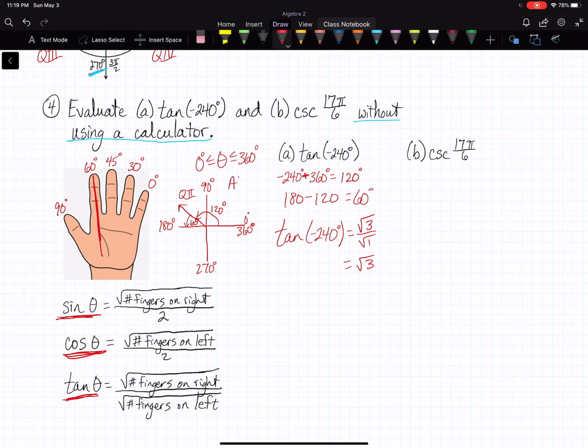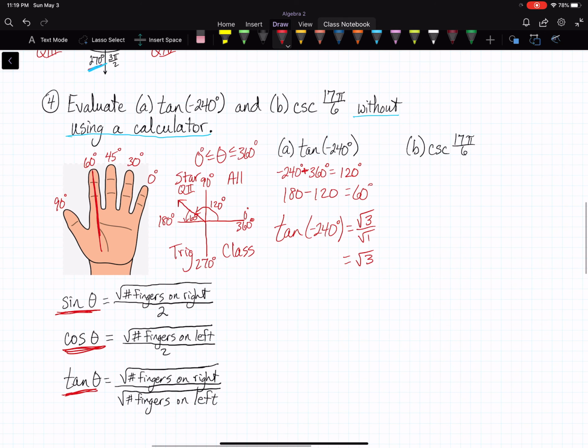Remember, all star trig class. So tangent in quadrant 2, remember the only one that's positive in quadrant 2 is sine. So this has to be negative. Negative square root of 3 would be your answer. Okay?